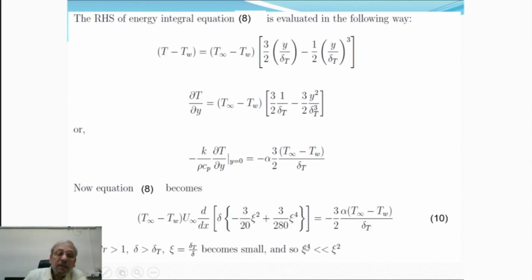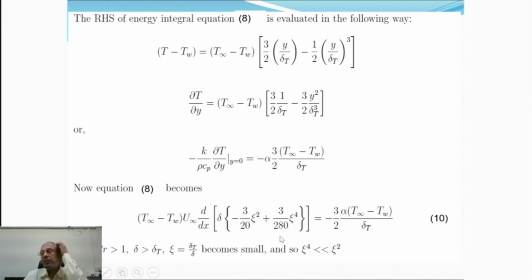And zeta 4 has to be much less than zeta square, right? When delta t is less than delta, that means when delta is greater than delta t, or Prandtl number is greater than 1. We can invoke this simplification that zeta power 4 is much less than zeta square, so this term can be dropped.